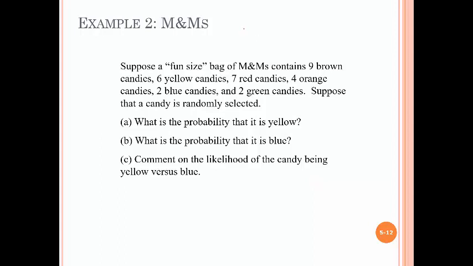So you have this fun size bag, and it has 9 brown in there, 6 yellow, 7 red, 4 orange, 2 blue, and 2 green. You're going to mix up this bag and then reach in with your hand, here's a poorly drawn hand, and pick one at random.